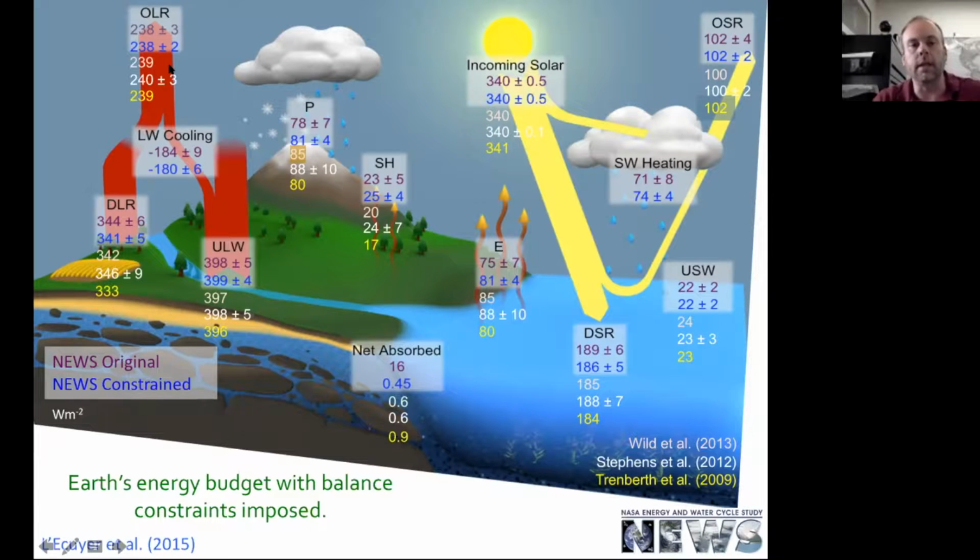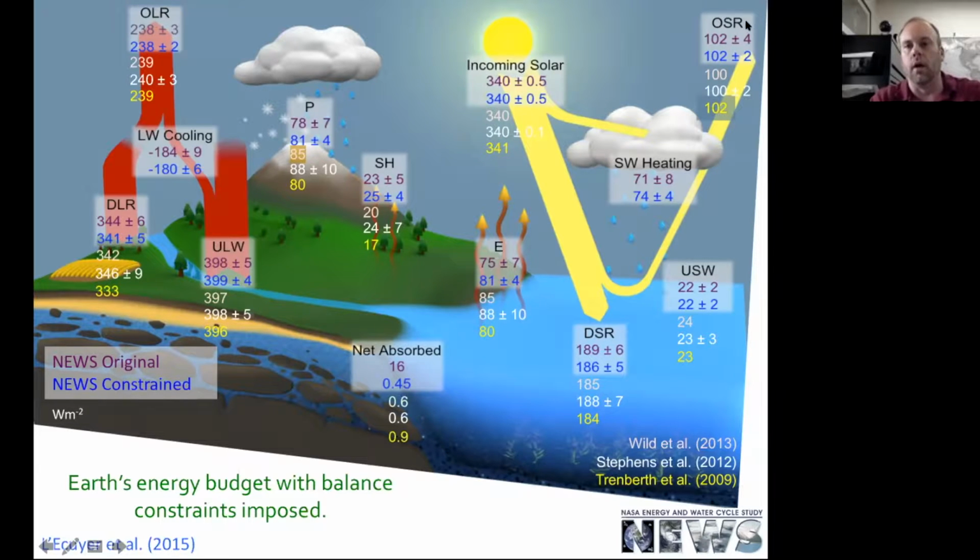The next thing we did was use these error bars and estimates of the various fluxes to impose, in an objective way, energy balance and water cycle closure arguments on continental and global scales. We came up with this best estimate of the closed energy budget and water cycle, shown here, where the energy budget is in the blue numbers. You can see that adjustments have been made to some of these fluxes to allow, for example, the absorbed longwave and shortwave energy in the atmosphere to balance to zero.